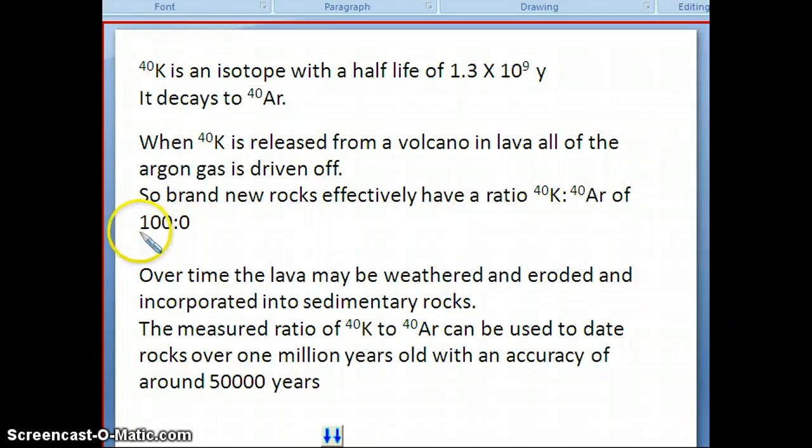Brand new rocks from volcanoes are going to have a 100 to 0 ratio, and as potassium rocks erode, potassium-40 will be incorporated into the sedimentary rocks, and then as the rocks get older, this potassium-40 will decay into argon-40, and it can be used to date rocks over 1 million years old.